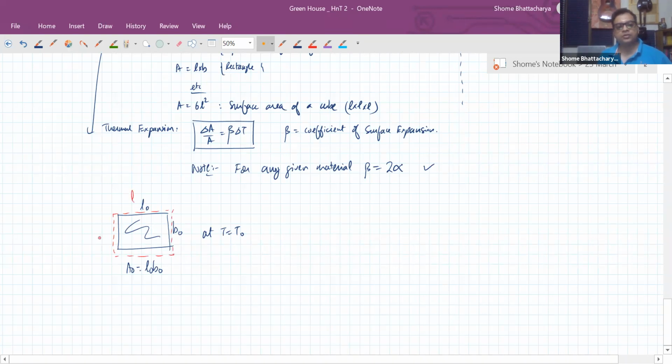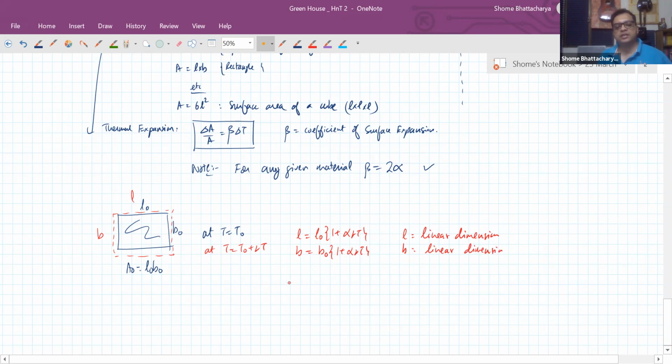So it would have expanded to L by B. Okay, so L would have become L naught into 1 plus alpha delta T. The breadth also would have become the same relation because L is a linear dimension. B is also a linear dimension.